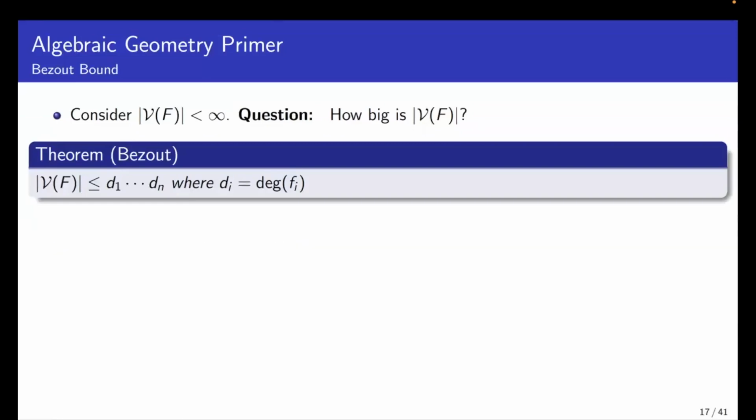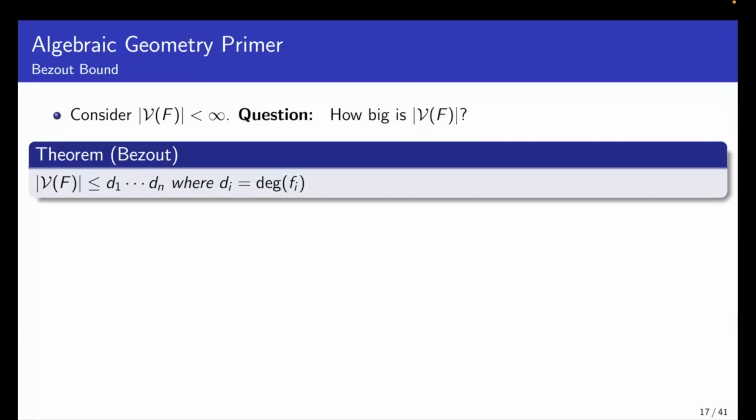Moreover, this bound is generically tight. Generic means that if I have a system of polynomials of a certain degree with full monomial support, and each coefficient is random.